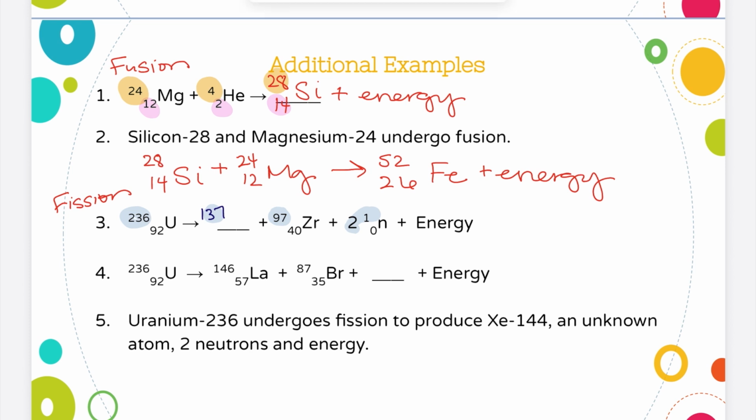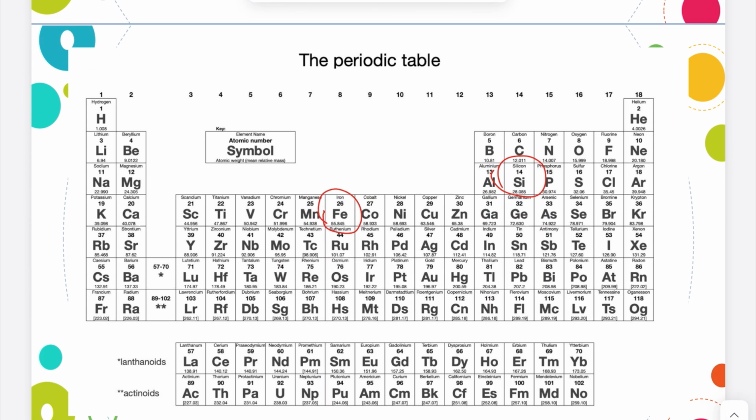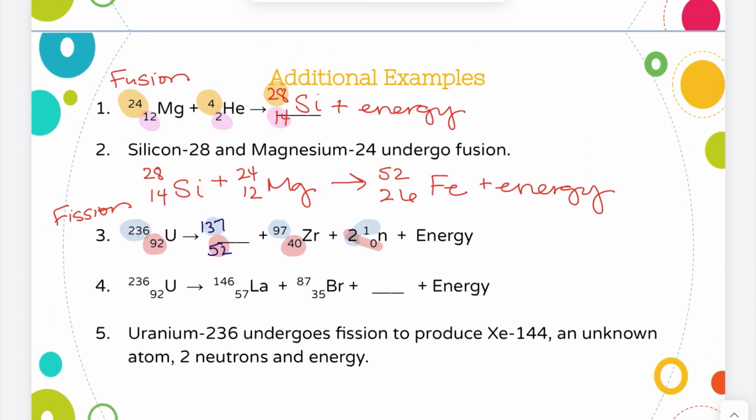And then I'm going to do the same with my protons. 92 plus something is going to equal 40, and I have two neutrons, but neutrons don't have protons. So I'm just going 92. That needs to equal something plus 40, so 92 minus 40 gives me a 52, and I can go to my periodic table and find element number 52, and so this is tellurium, so Te as that symbol.